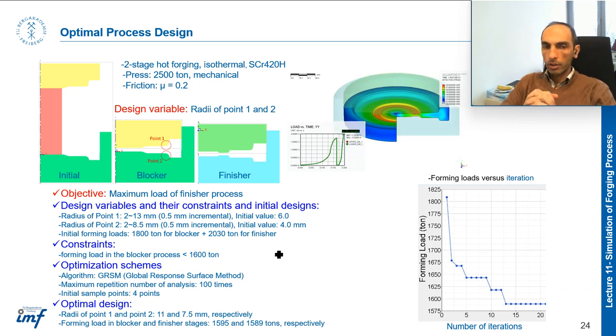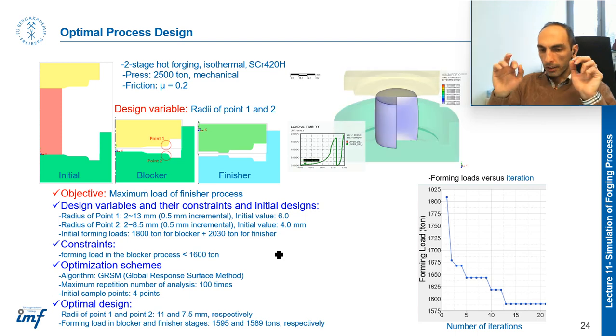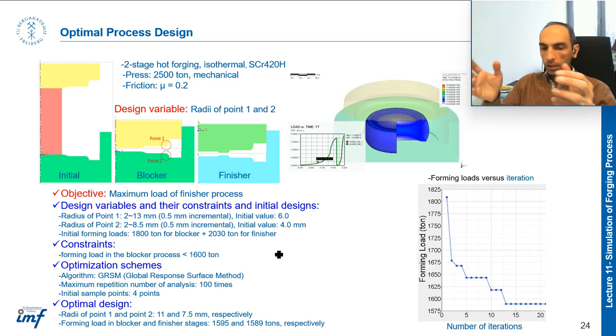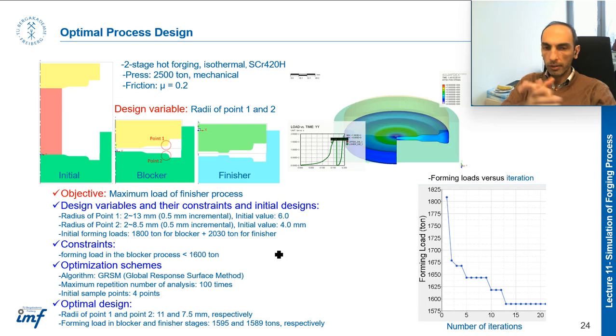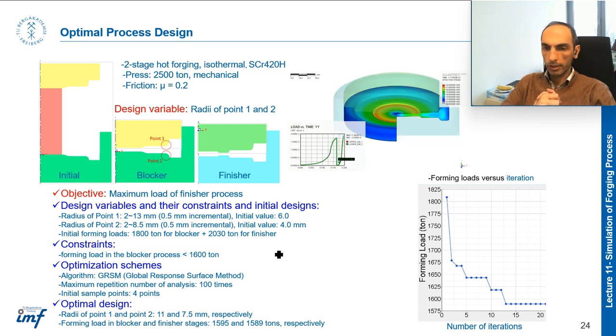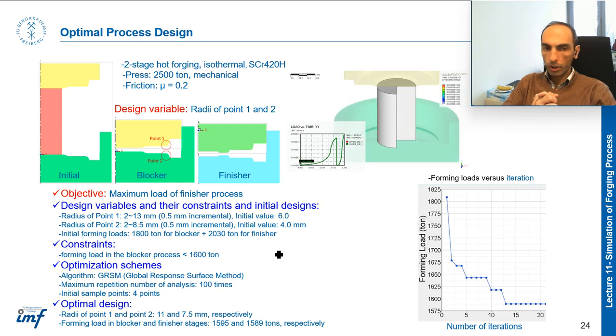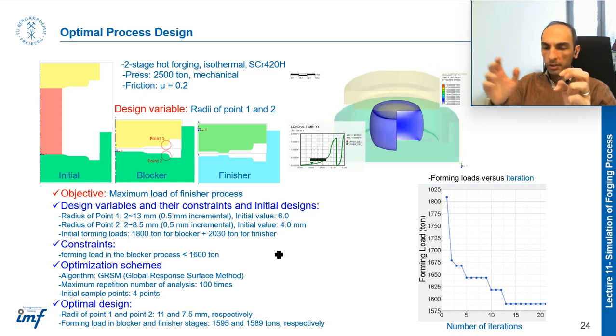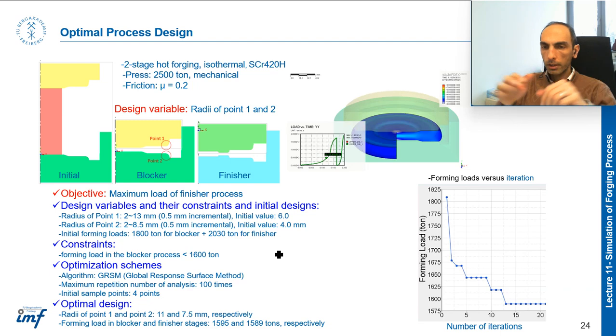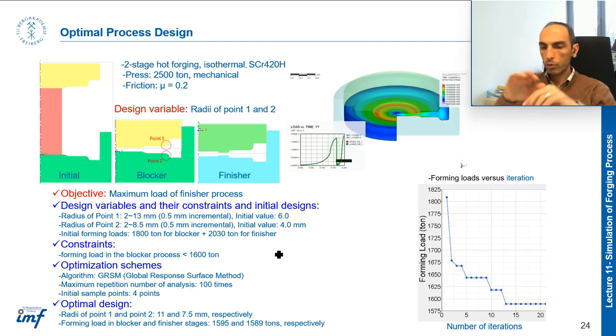So no need to sit and run the simulations one by one. It depends on the capacity of your computer, of course. But if you go through the first approach, like the design of experiment just manually, not using the optimization scheme, then you should run the simulations, of course, manually.